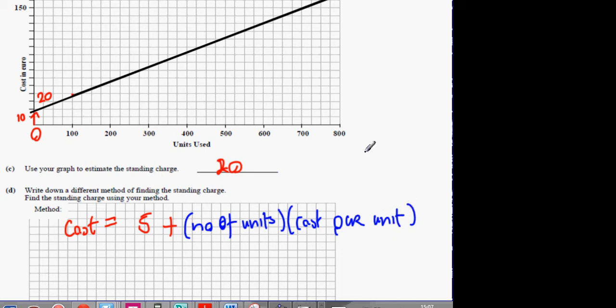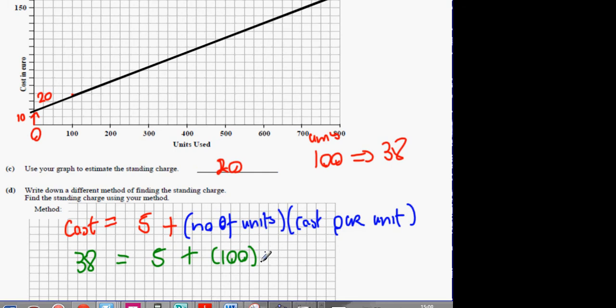Now look at this. When we use 100 units, what's the cost? 38. So 38 equals S plus 100 times the cost per unit. Give it a letter. C?